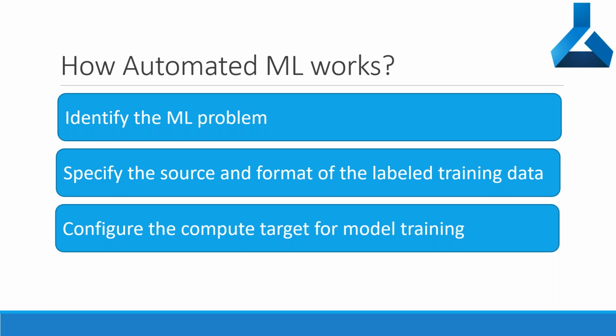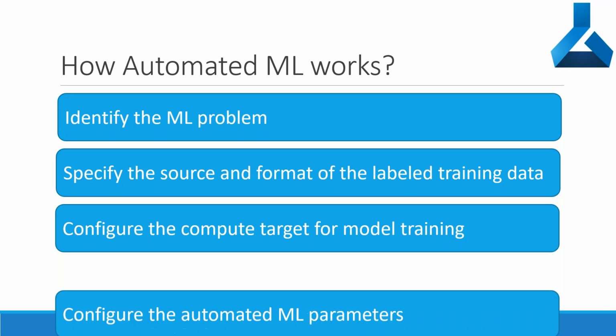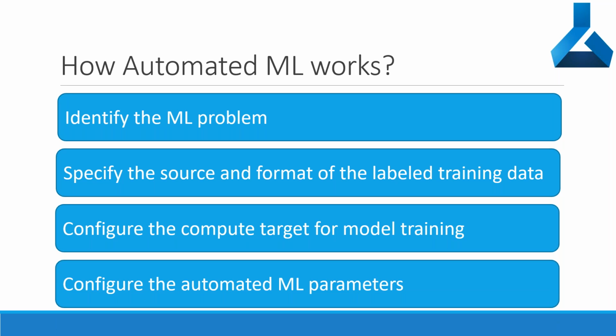You choose the type of compute you need in order to train this model, because depending on the volume of the data you have, you may need to choose the appropriate compute. And finally, you configure the automated ML parameters. This is what you have to configure before you can kickstart automated ML through the interface.